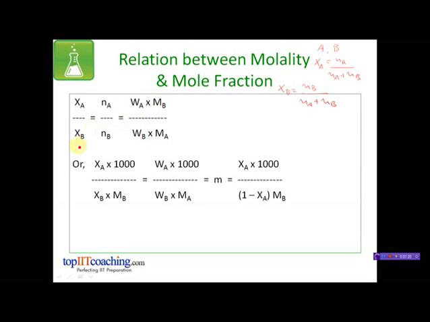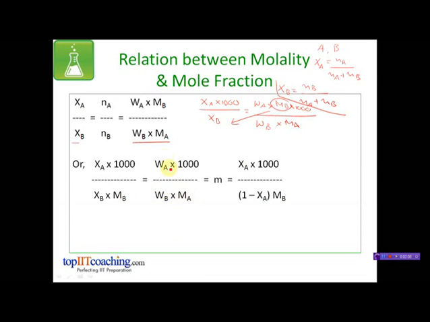Now, if we multiply both these sides by 1000, we get Xa into 1000 divided by Xb is equal to Wa into Mb into 1000 divided by Wb into Ma. Now we can take Mb towards this side, so we get the equation Xa into 1000 divided by Xb into Mb is equal to Wa into 1000 divided by Wb and Ma.